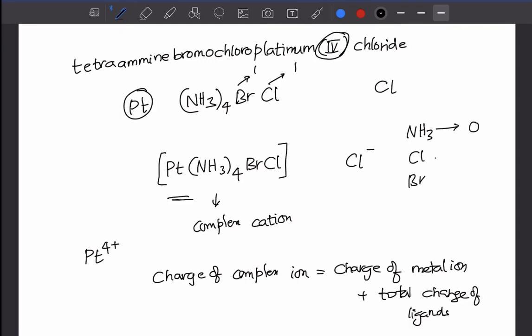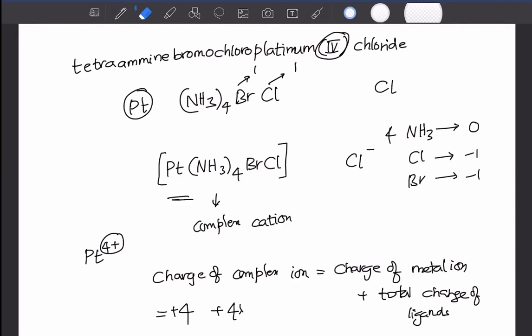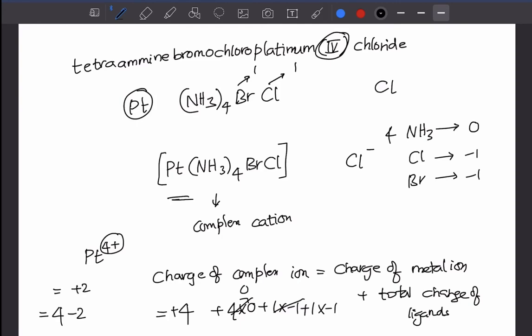NH3 has a charge of 0, Cl has -1, bromine has -1. So the charge is 4 plus 4 times 0 plus 1 times -1 plus 1 times -1. This becomes 4 minus 2, which is plus 2. So the charge on the complex cation is 2 plus.